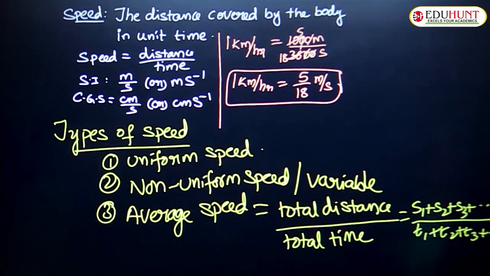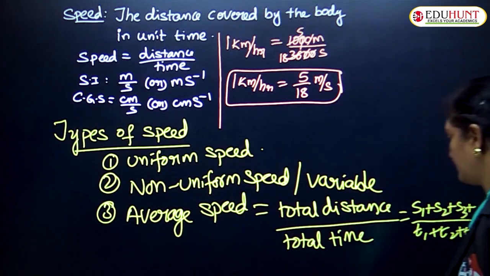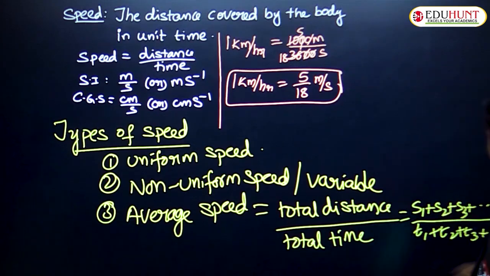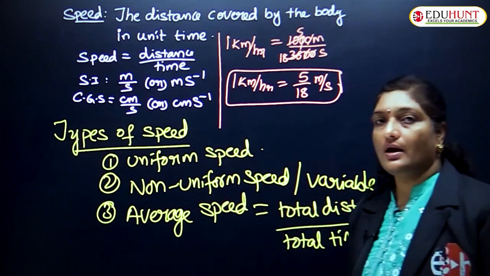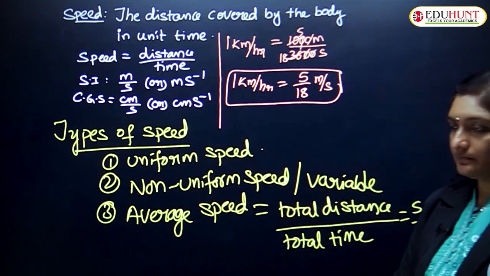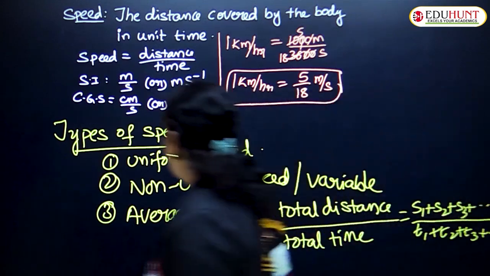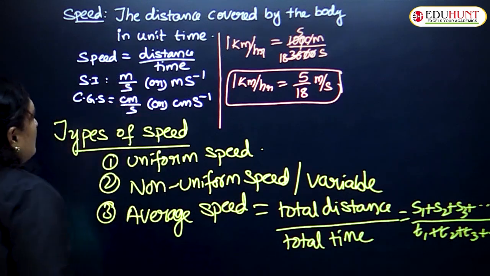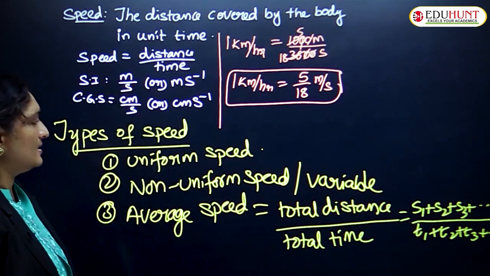Then the ratio of the total distance covered by the body to the total time interval is called your average speed.